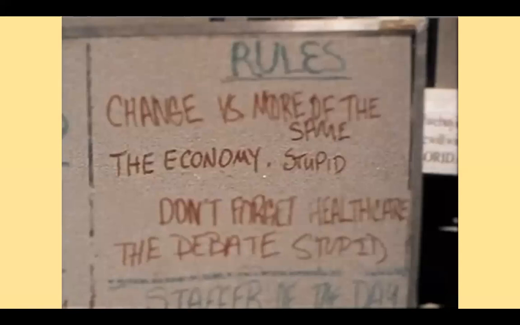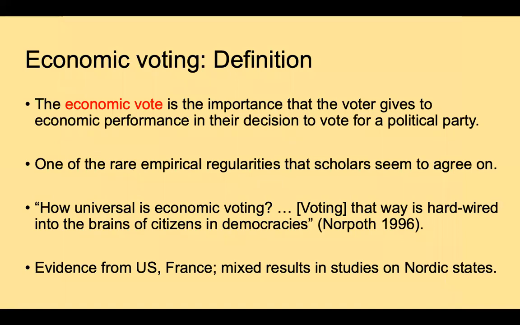Administrations and parties will live or die based upon the economic circumstances over which they preside, because those circumstances will shape the way that voters behave in the next election. So this is sort of the starting point, because this is something that virtually all of us have maybe heard or seen somewhere, and this is the story and the way it goes.